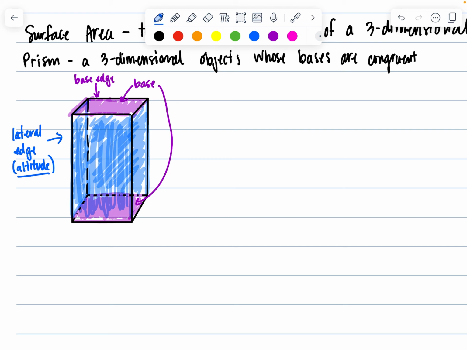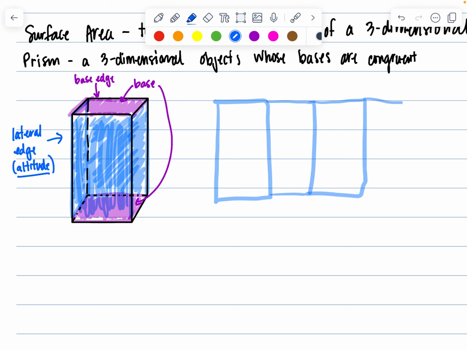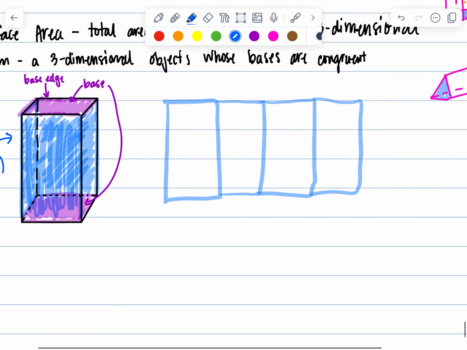in this particular case, let's actually break this apart. If this was an actual box, we could cut this up. For instance, if I cut this up so that we could lay it flat on the ground, we would have the tall pieces, the lateral edges, cut up into multiple sides. 4 rectangles that make up the 4 sides, the left, the front, the back, and the right.